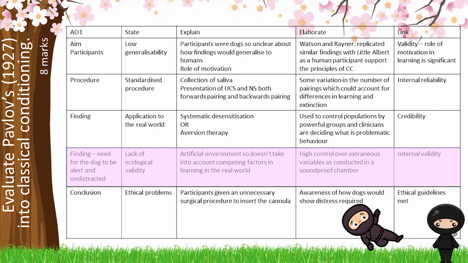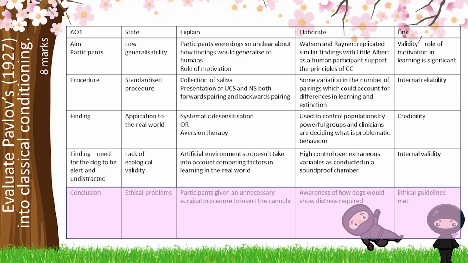We're going to counter that with a strength, saying having this really controlled artificial environment meant high control over extraneous variables. You want to give one here, so noise could be an extraneous variable. That was mitigated by having it in a soundproof chamber. This gives us high internal validity that they were accurately measuring the effect of the conditioned stimulus, not competing things such as sound. Finally, we're going to talk about our conclusions, here talking about signalization again.